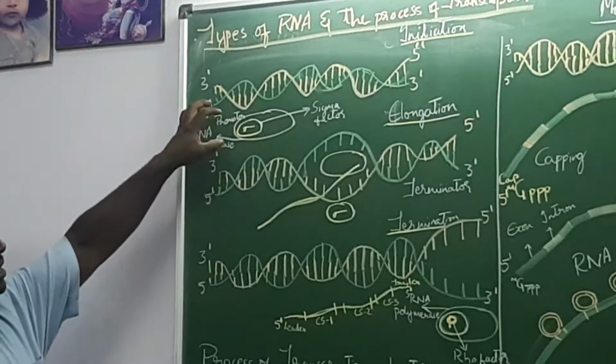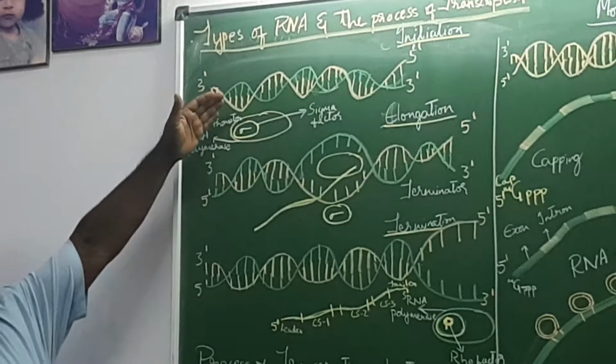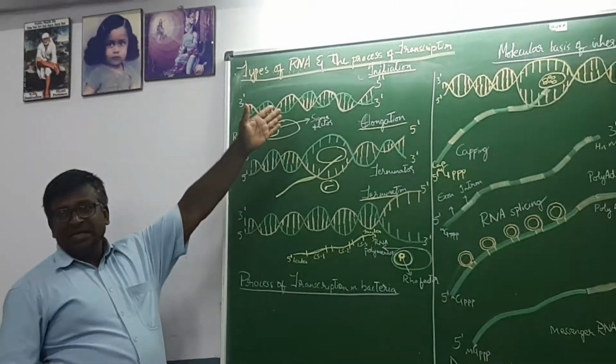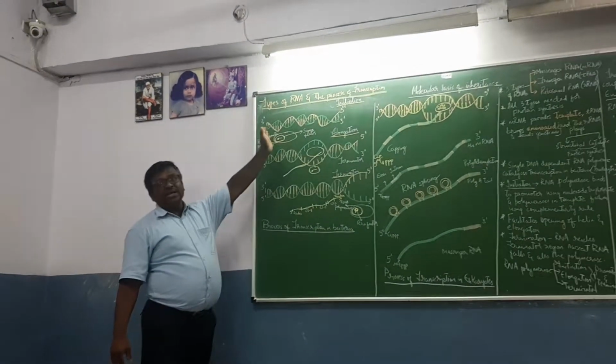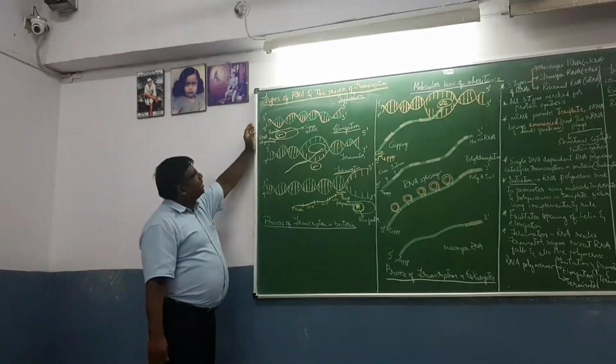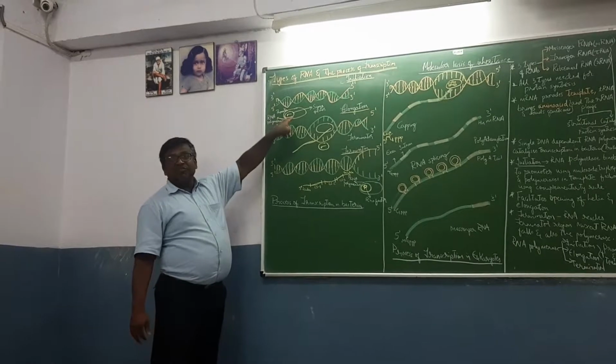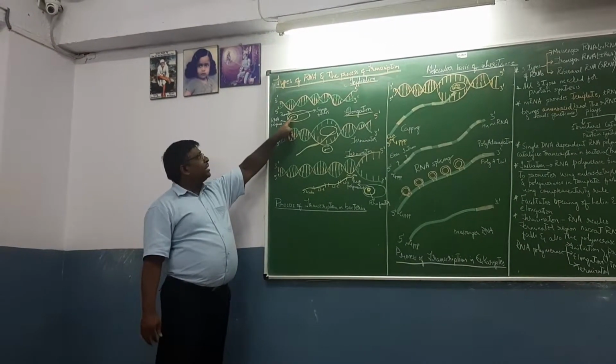So there is a promoter region. Now in the DNA you can look into it. I have given different colors for the template strand as well as the coding strand. They begin at the promoter region. The promoter region has a sigma factor, and there is also RNA polymerase.